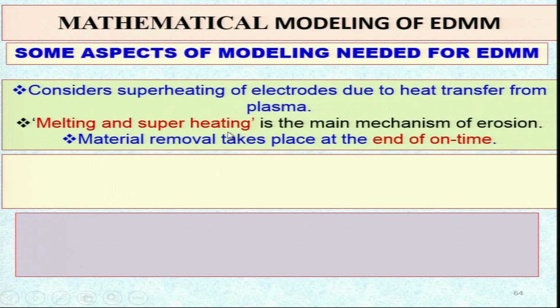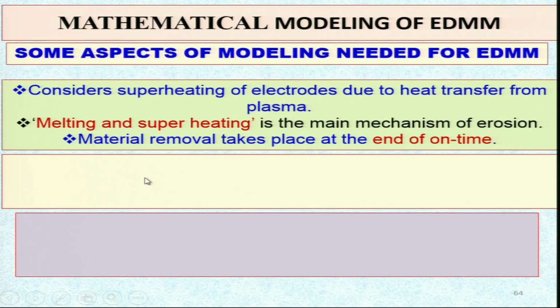Melting and superheating is the main mechanism of erosion. Material removal takes place at the end of on time, and whatever material is melted out should be thrown out of the inter-electrode gap, and this is done by flushing of the dielectric. However, the flushing pressure or the velocity of the dielectric flow in case of EDMM is not very high.